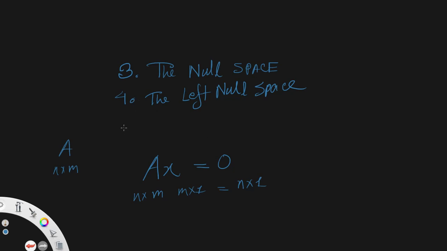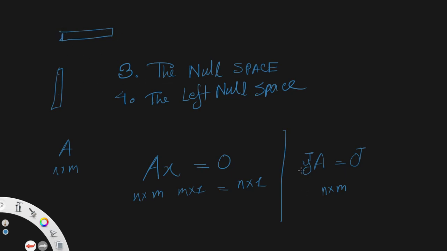All right, so let's move on to the fourth one, which is the left null space. You can define it as the set of all such vectors y so that this equation is satisfied. So A is n into m. This vector is a row vector, so it's more like y transpose, because this vector is tall; if you knock it over on its side, you get something like this.